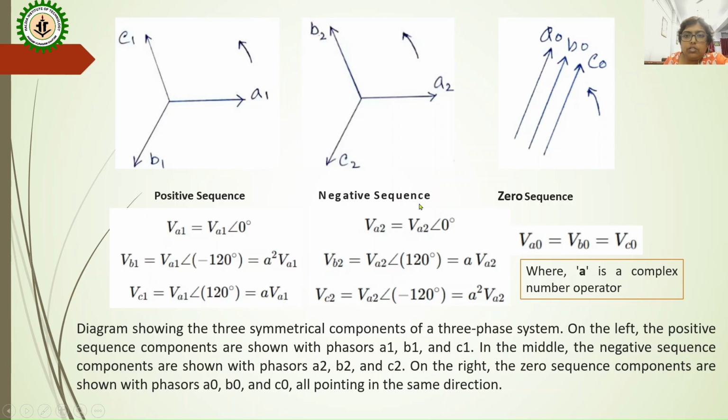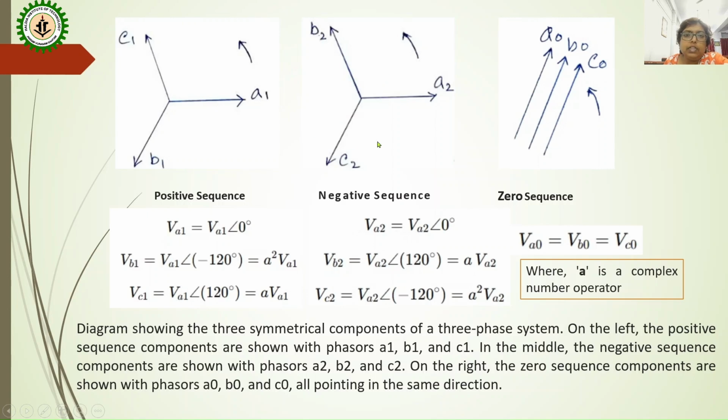For the negative sequence, the phase sequence is opposite to the positive sequence. The ABC for the positive sequence is clockwise, but for the negative sequence the phase sequence is anti-clockwise A, B, C. In both cases we consider A as the reference phase. Now, for the last one, the zero sequence, the three phases are in the same phase, so the phase difference is 0 and their magnitudes are also the same.